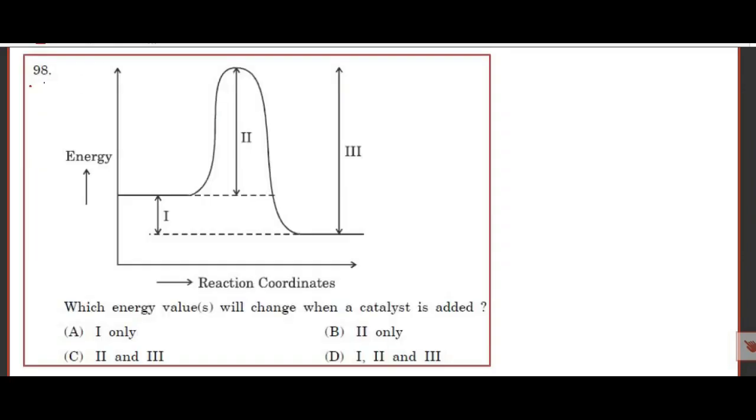Let's take question number 98. It is a chemical kinetics question. The reaction coordinate has been given. The energy value will change when a catalyst is added. Listen, when a catalyst is added, what happens here? When a catalyst is added, the Ea value will be reduced and the graph will become like this for a catalyst.